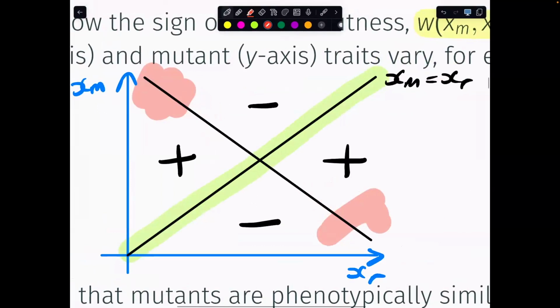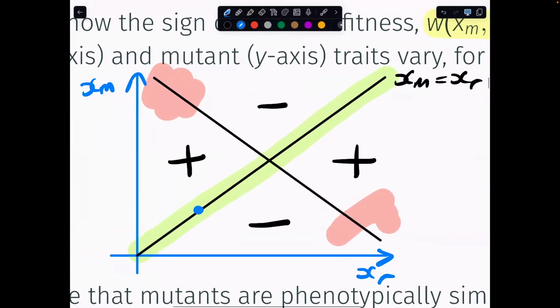What we're really thinking about is, okay, suppose we start here, this is my initial value. This is XM is equal to XR at the moment. Suppose I have a mutation that has a slightly higher value of XM. In this case, it also happens to have higher fitness because we're in this positive region, okay?